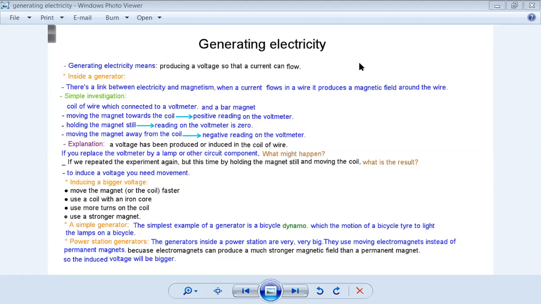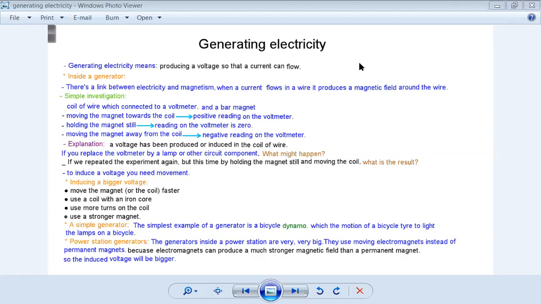We can increase the voltage in these four ways: moving the magnet faster, using a stronger magnet like an electromagnet, using more turns in the coil, or using a coil with an iron core. The simplest generator example is the bicycle dynamo. If the cyclists start to cycle, they will turn the light on. If they stop cycling, the lights turn off.